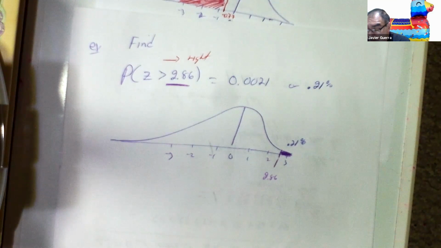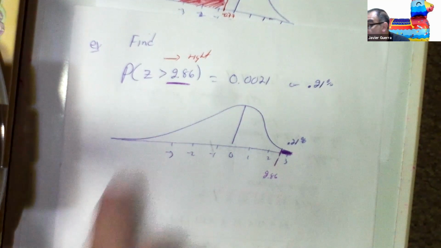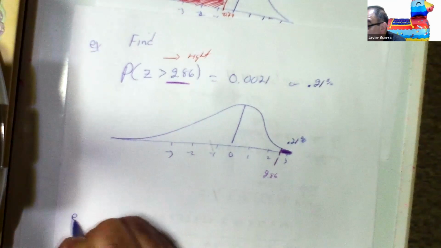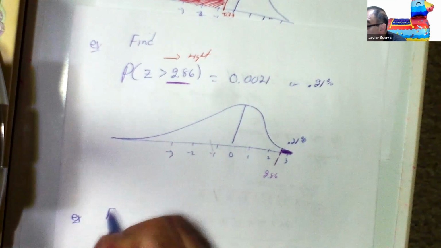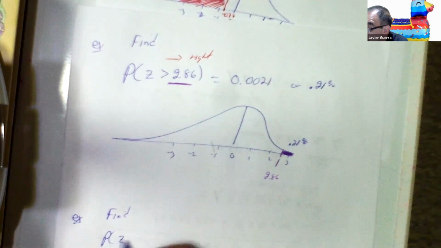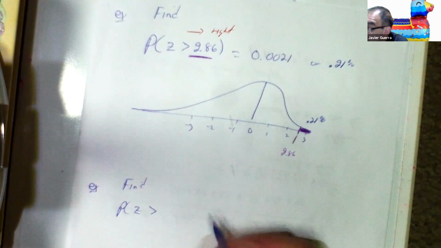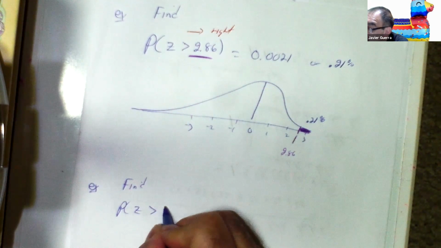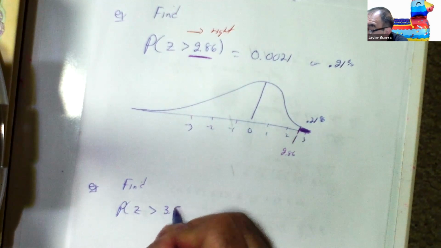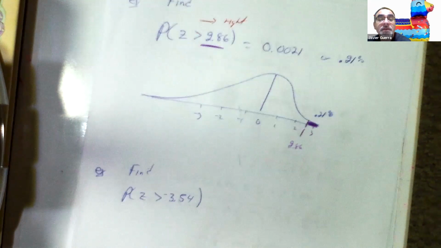All right, so let's do another one that's greater than. We'll do a negative, so you can see how they play out. Let's find the probability that our Z is greater than negative 3.54.